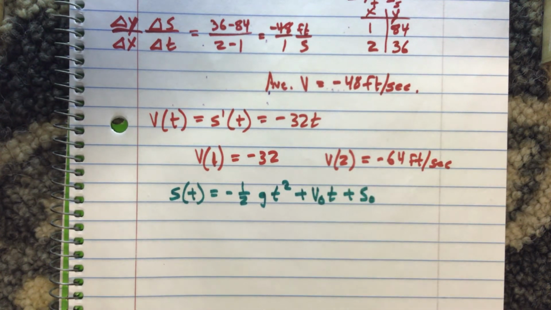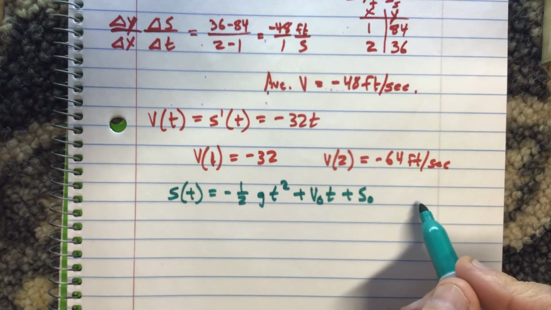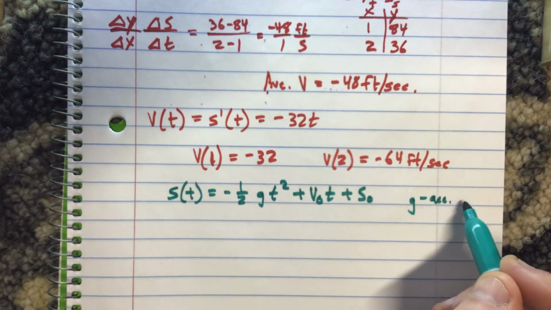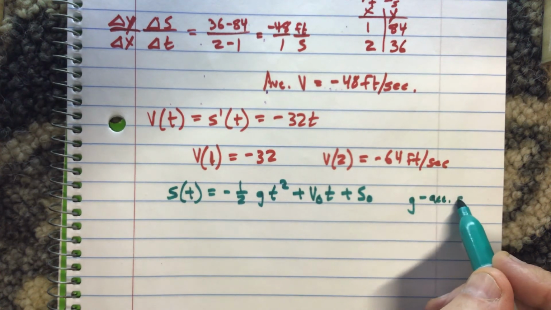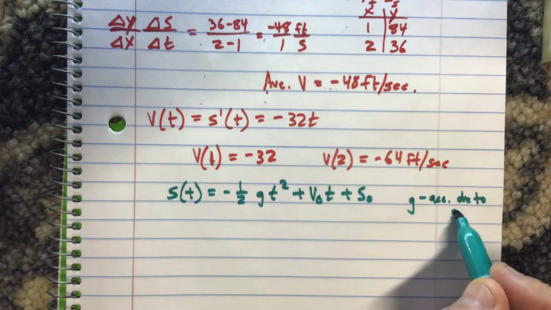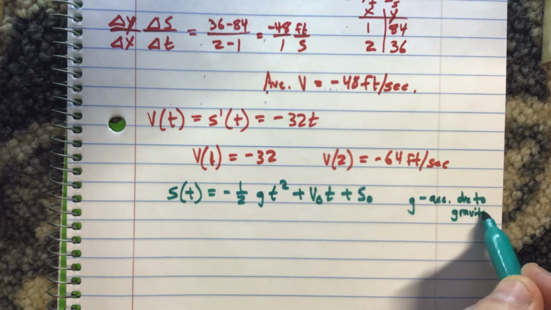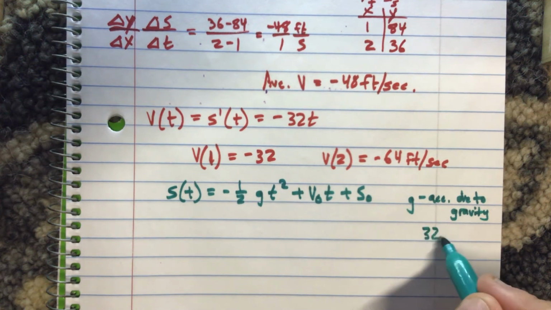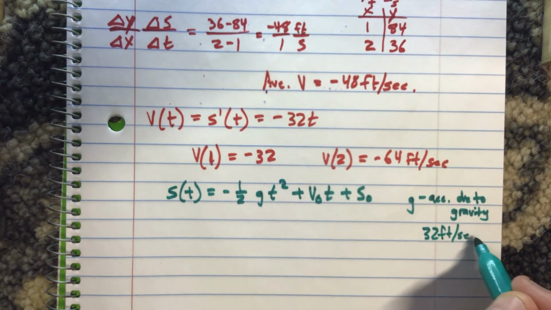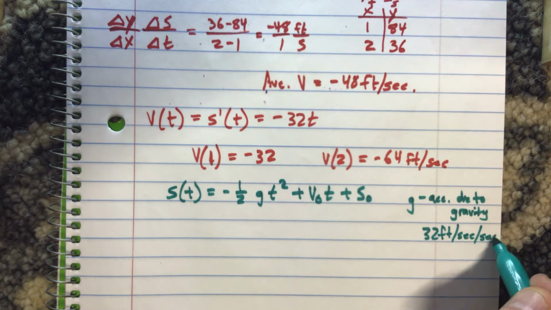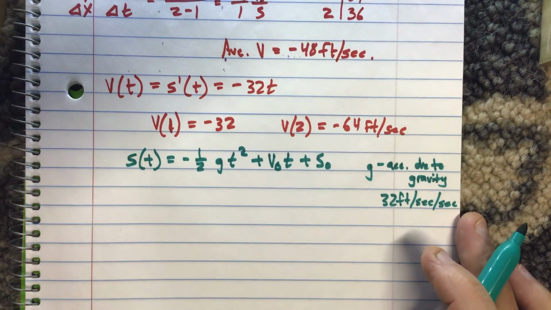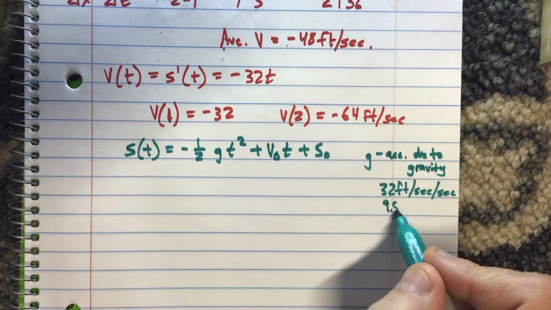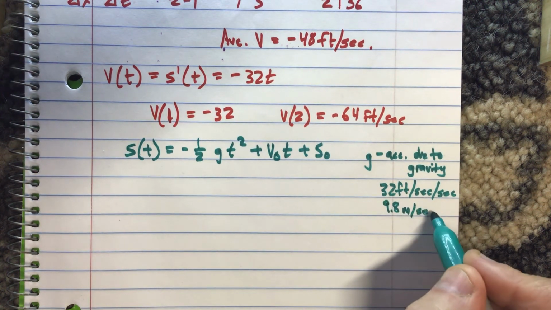And in this formula, g stands for gravity, the acceleration due to gravity. And it's 32 feet per second squared, unless you're in metric, and metric would be 9.8 meters per second squared.